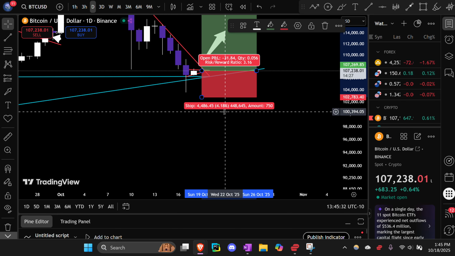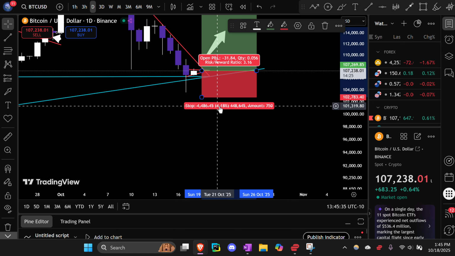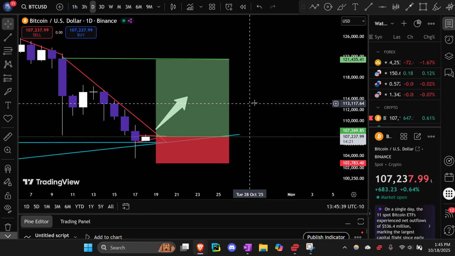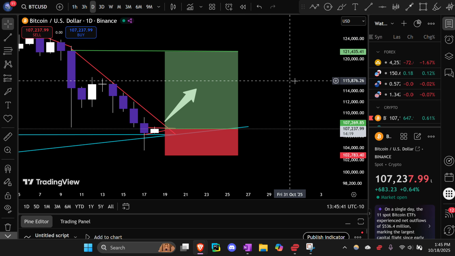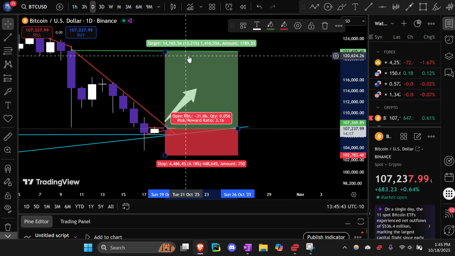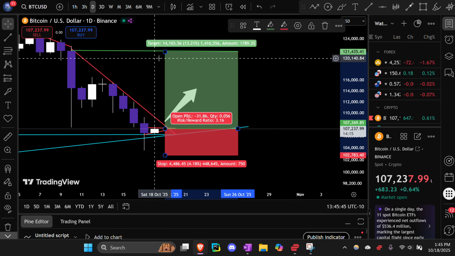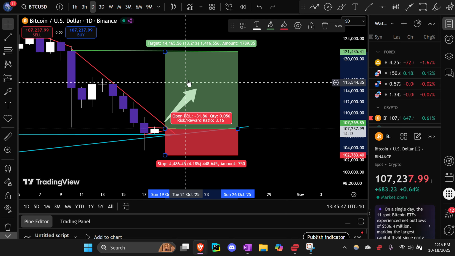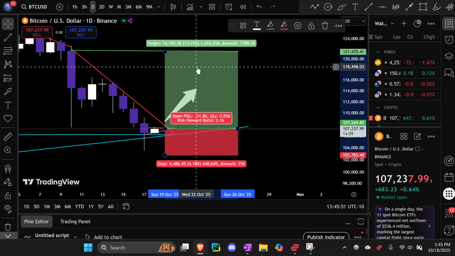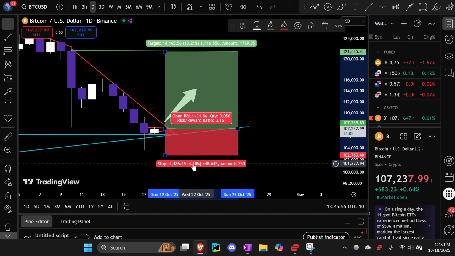That means if I risked $100, maybe I'm down $4, depending on how much leverage you're using. It could be more. But on the upside, if my price goes up to here, I want to take my money out, and I want to take my 13% profit.